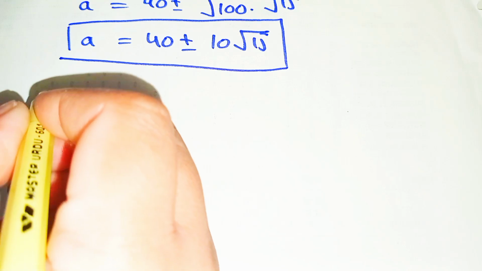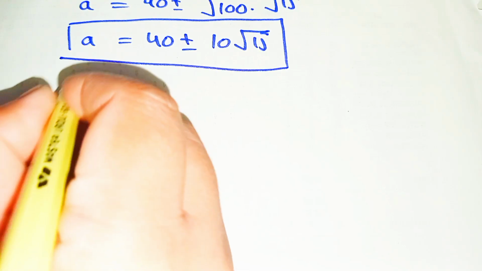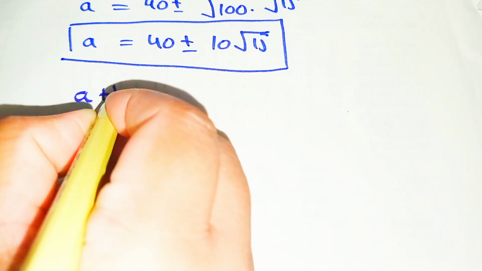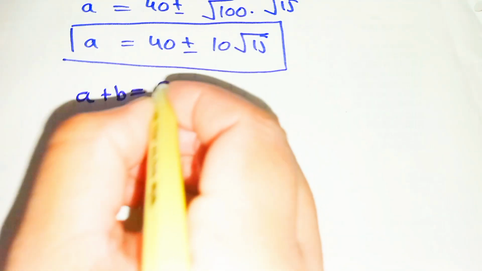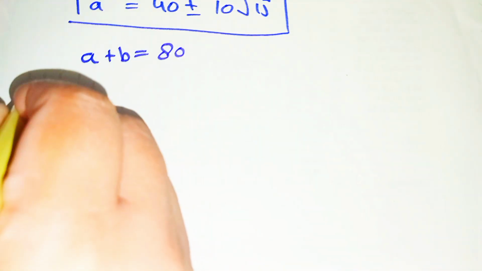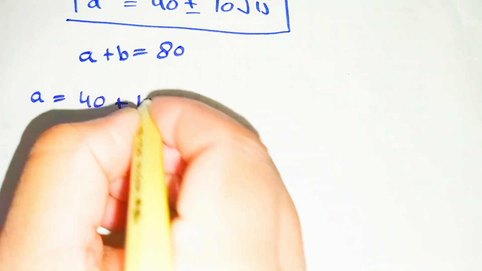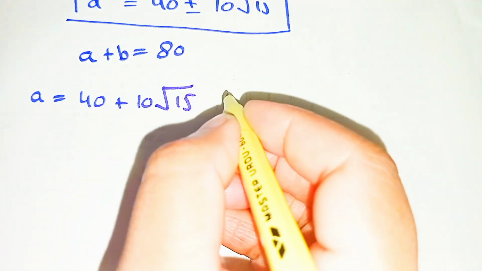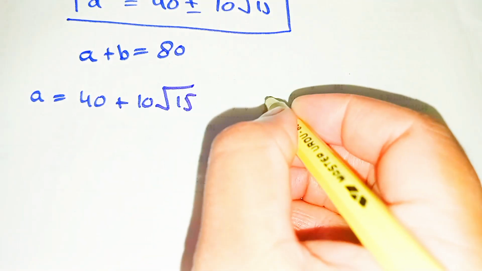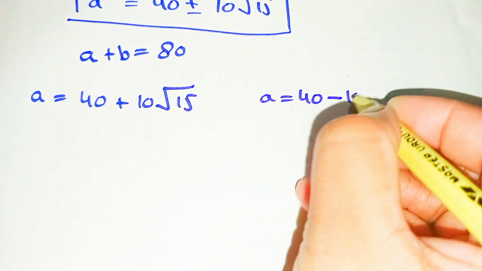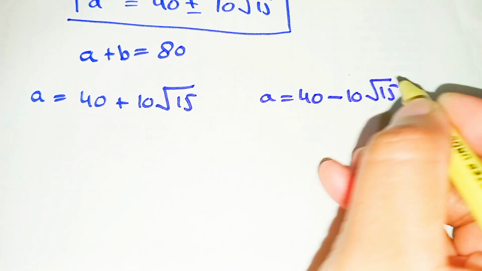Now a plus b is equal to 80, and a is equal to 40 plus 10 square root of 15 and a is equal to 40 minus 10 square root of 15.